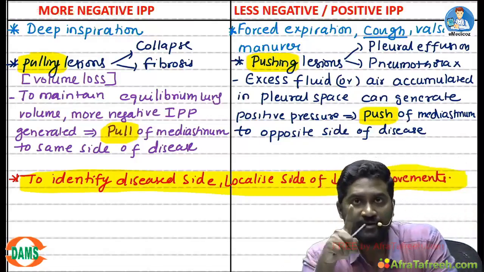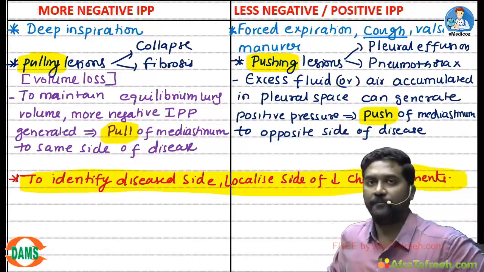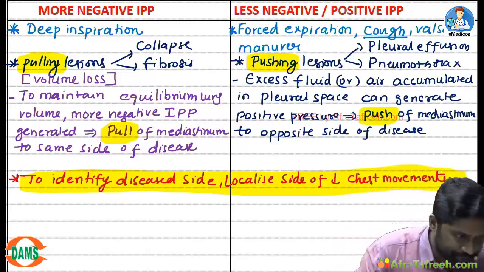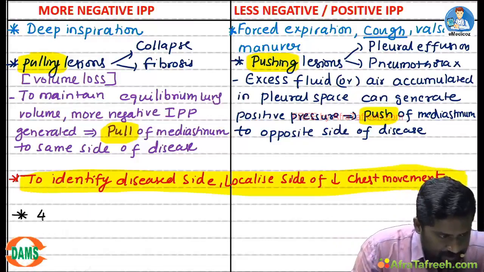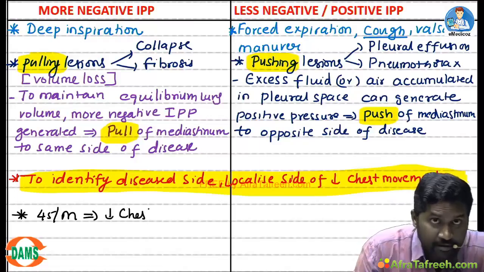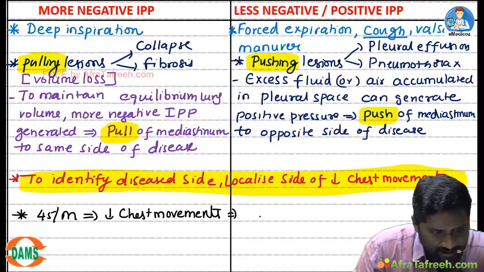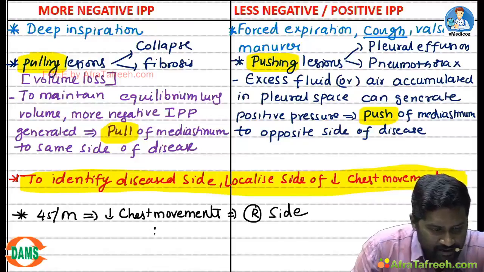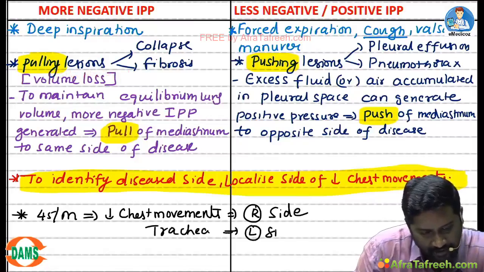Now I'll give you some examples. You only tell me what is the probable disease. So there was a 45-year-old male, decreased chest movements on the right side, trachea was on the left side.